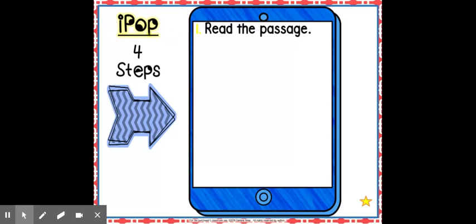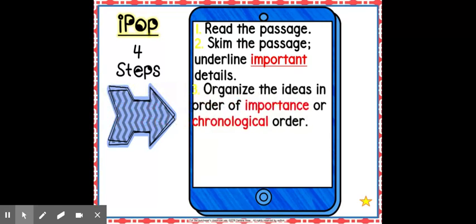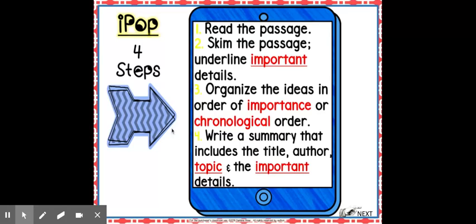So, how do I do that? You're first going to read the passage, skim it, and underline the most important details. Decide what their order of importance is, or if it's a biographical article, put them in chronological order. And then write your summary.